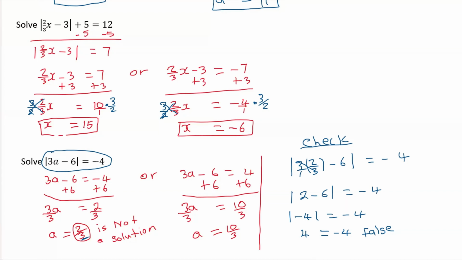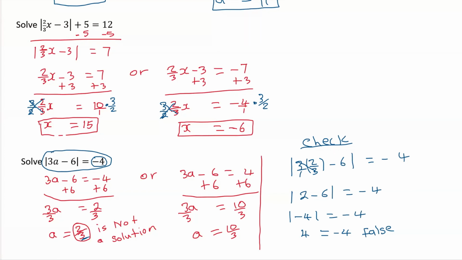So solving these absolute value equations requires the number that's on the right, when the absolute value is by itself, to be positive. All right. So because it's negative, then there will be no solution. You can't have a solution. There's no a that you can think of that you can substitute in this equation that will make the absolute value give you -4.